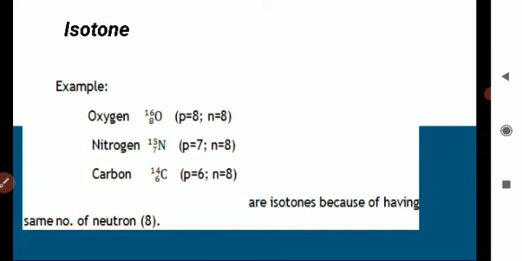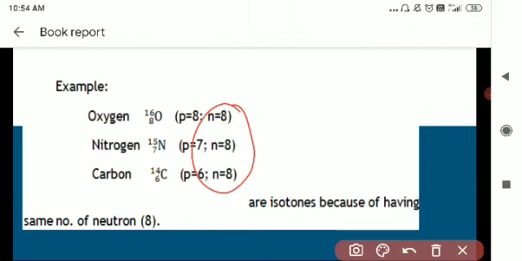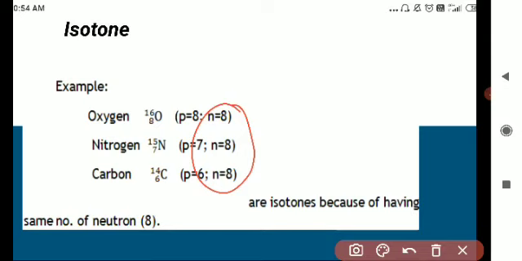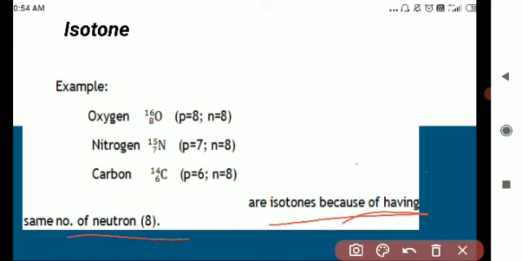When mass number is the same and atomic number is different, it is known as isobar. When the neutron number is similar and proton number is different, then it is known as isotones. Understand? The isotones have the same number of neutrons. Okay.